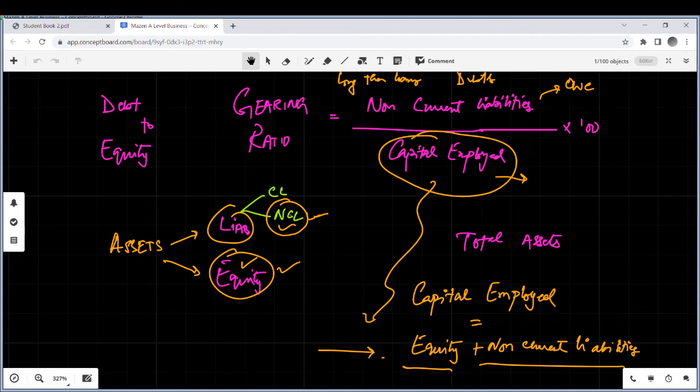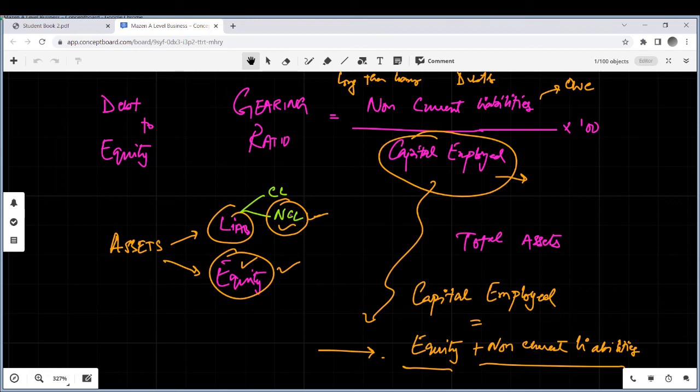So how would they run the business when this source of finance goes away? If this source of finance is a large chunk of the total money they have, then the business is risky. That's the concept. Now do you understand what the gearing ratio and capital employed are, and why a high gearing ratio is risky?